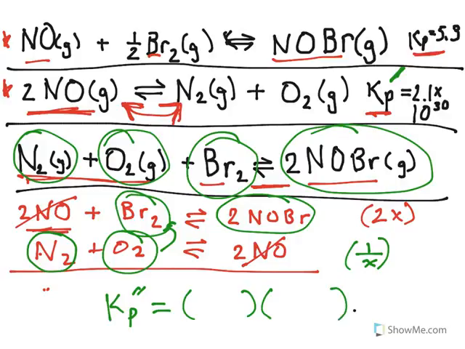So for the first Kp, you multiplied by 2, so because you did that you have to square it. And for Kp prime, you inverted it, so you have to invert Kp also. So Kp prime gets inverted. Work that out, and that's your answer.